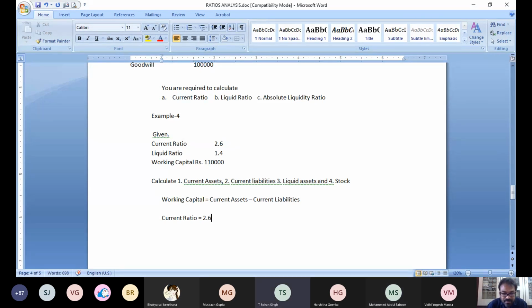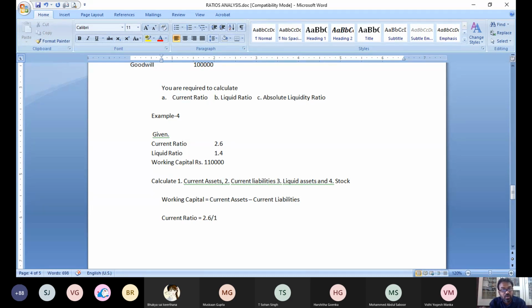If I put it like this, 2.6 divided by 1, is there anything wrong? We can write it, because it is 2.6 times the current assets against one current liability.